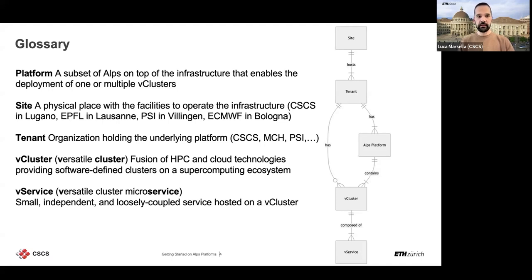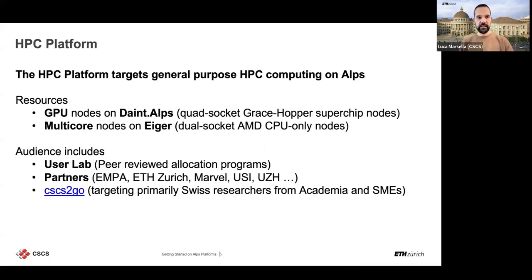A vCluster here is a versatile cluster, so it's an HPC and cloud technology system that provides a software-defined cluster on a supercomputing ecosystem. And then we have services, which are versatile cluster microservices: small, independent, loosely coupled services hosted on a vCluster.